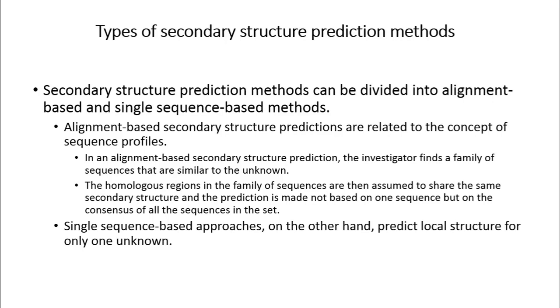So now I have already mentioned that the secondary structure prediction method can be divided into alignment based and single sequence based methods. So what do we do in alignment based secondary structure prediction?